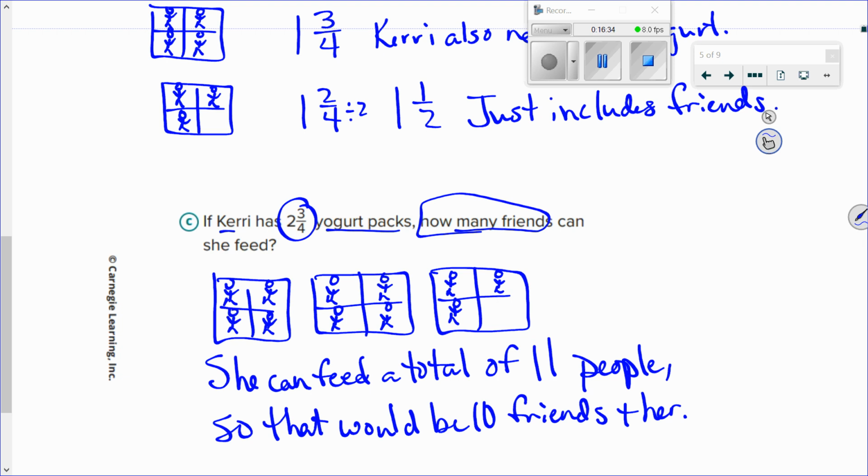Okay? Is everybody understanding the reasoning on these? Seeing how our ratios are changing based on how we're looking at them? That's really that first concept, right?